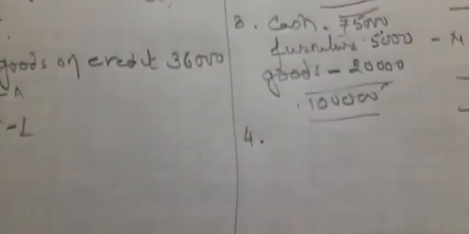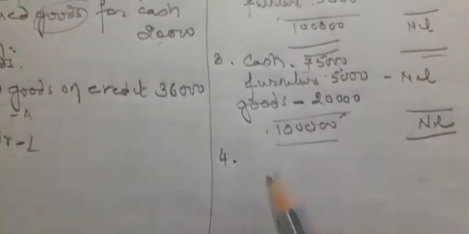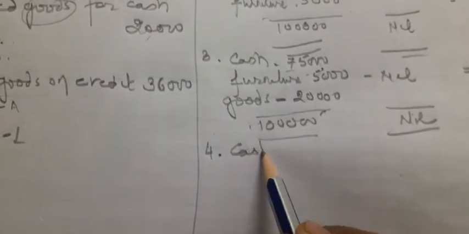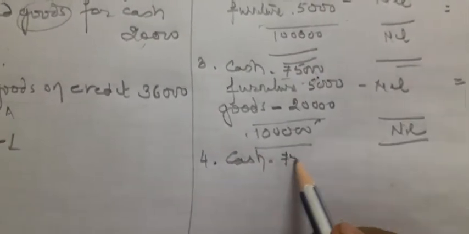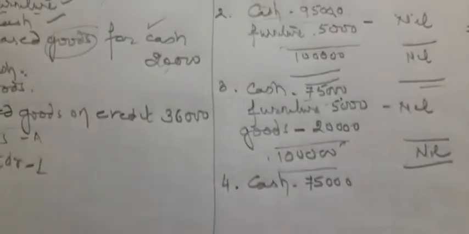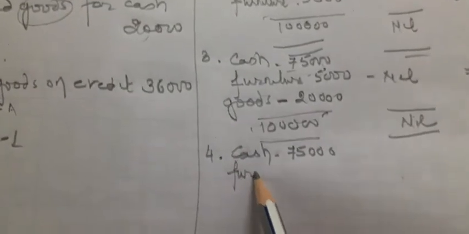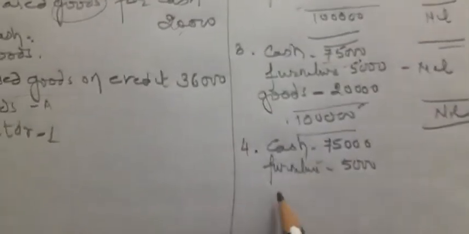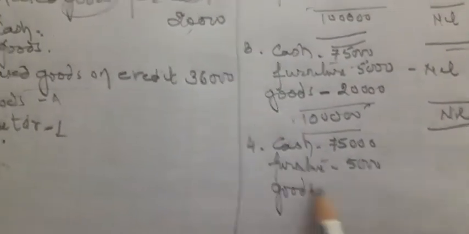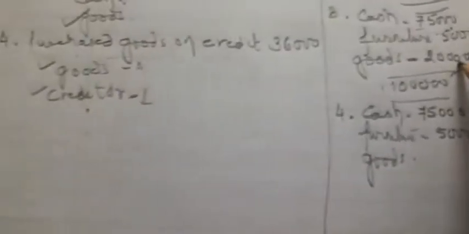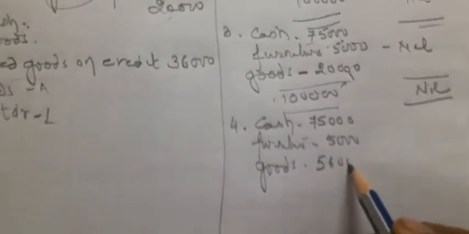So transaction number 4, cash was 75,000. There will be no change in cash because we have purchased goods on credit. No change in furniture. Goods which were of 20,000, because we have purchased more goods of 36,000, will become now 56,000 rupees.